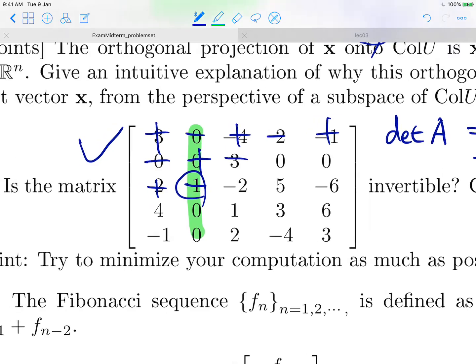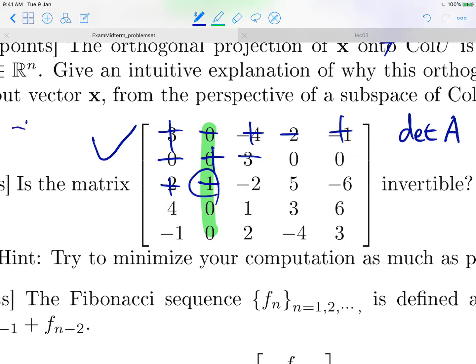Given this minus sign and also 1 here, it is -1 times the determinant of the submatrix after removing the corresponding row and column, right?